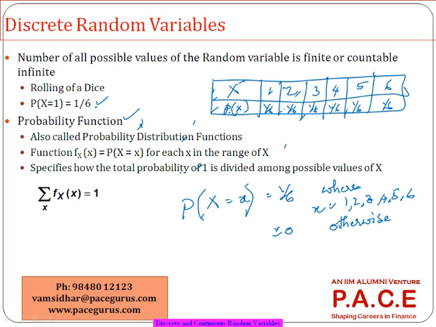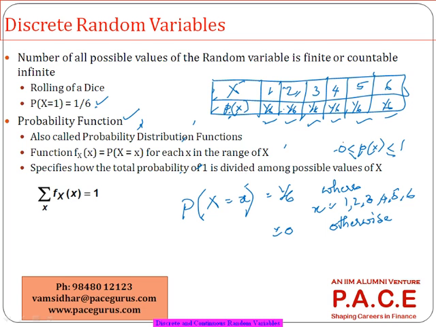And there are two important properties associated with the probability distribution. When I have to say something is a probability distribution function, there are two important things that we have to check. One, each probability that is being identified here should lie between 0 and 1, which we already know. Each individual probability should lie between 0 and 1.